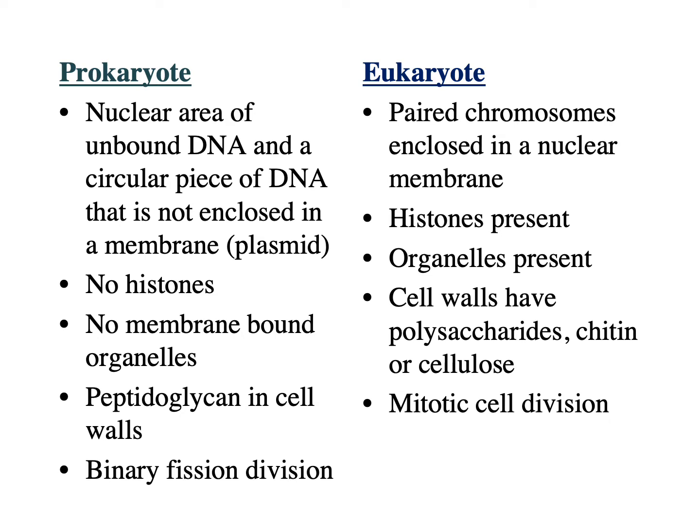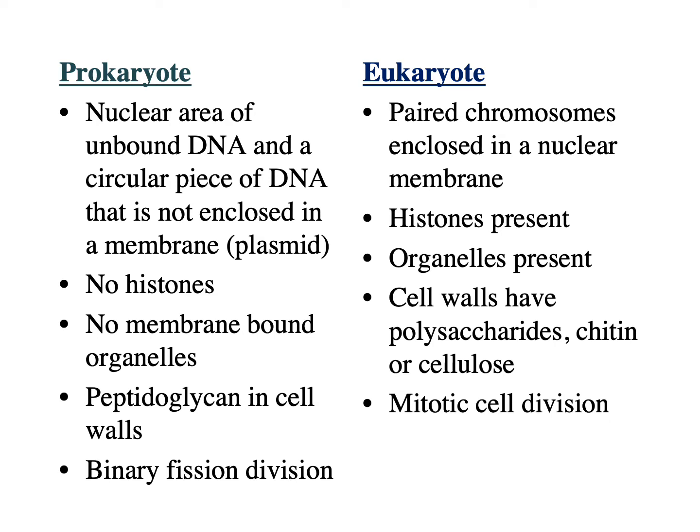They have no histones, and prokaryotes have peptidoglycan in their cell walls, especially bacteria. Bacteria have the peptidoglycan, and remember, archaea have the pseudopeptidoglycan. They also replicate and grow through binary fission. Binary fission is the sole means of replication for prokaryotes.